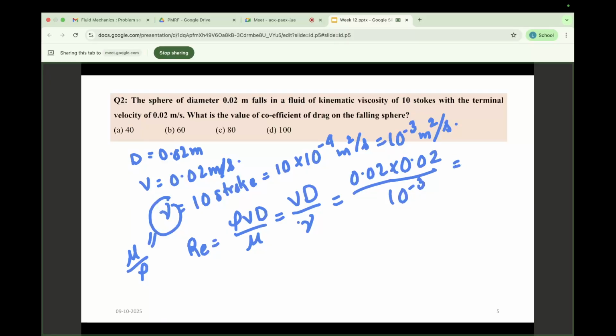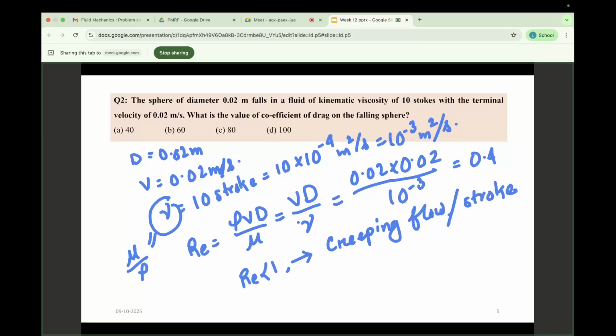So ultimately this is 4 into 10 to the power minus 4 divided by 10 to the power minus 3, that means 0.4 will be the Reynolds number. As this Reynolds number is less than 1, this type of flow is known as creeping flow or Stokes flow.